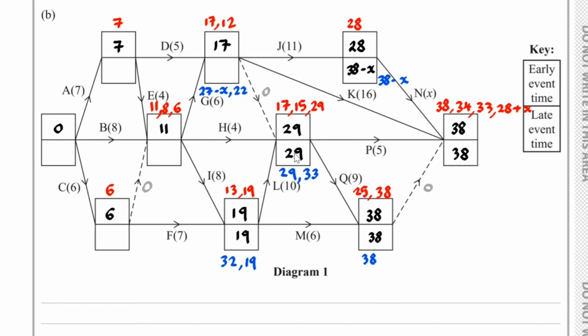Or we could have 29 take away 0, which is 29. So that's another option we could have. The smallest one, well, if x is in between 5 and 10, the largest value of x is 9. So 27 take away 9 is 18. So the smallest one that could go here is 27 minus x.